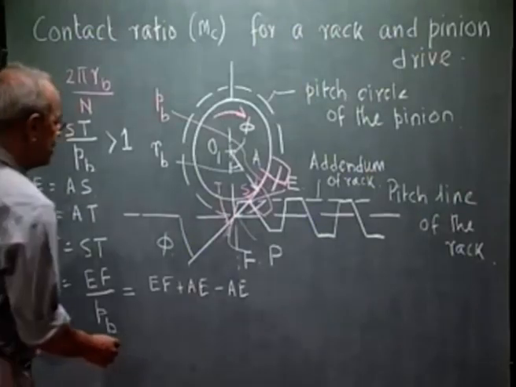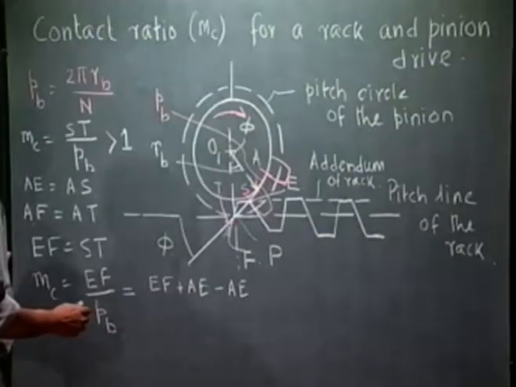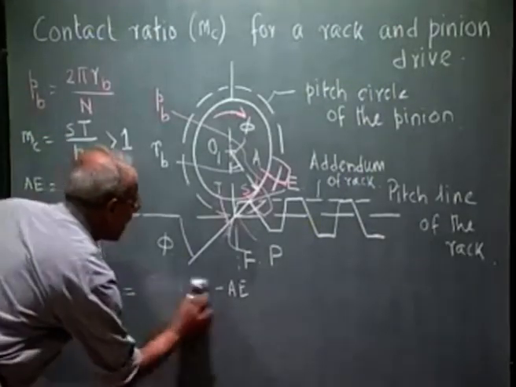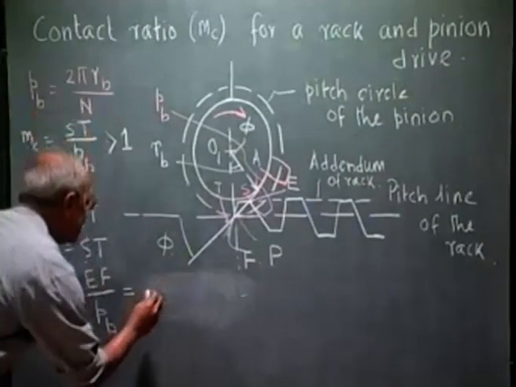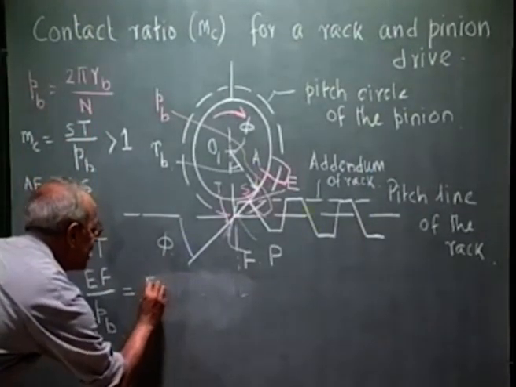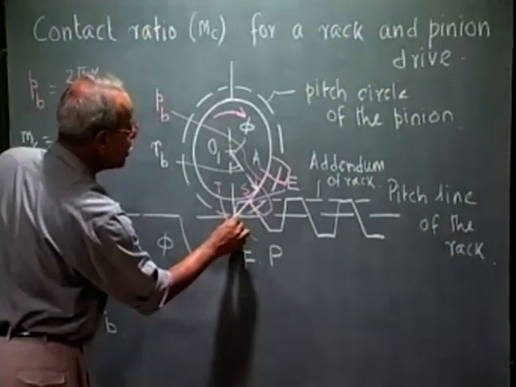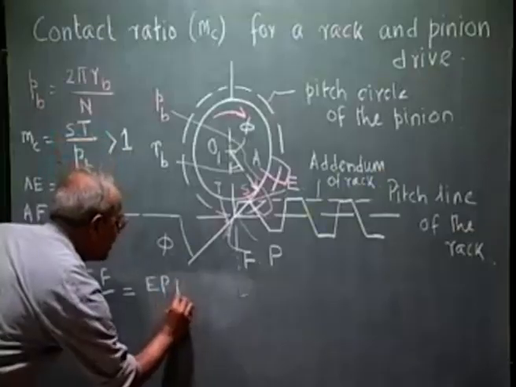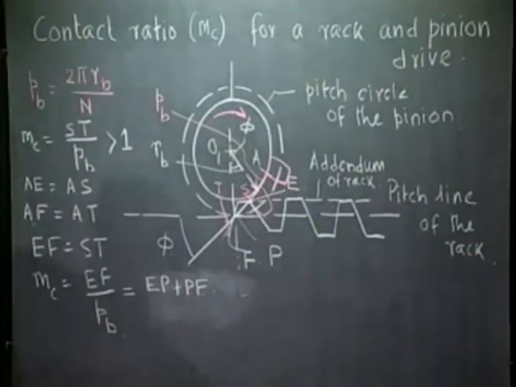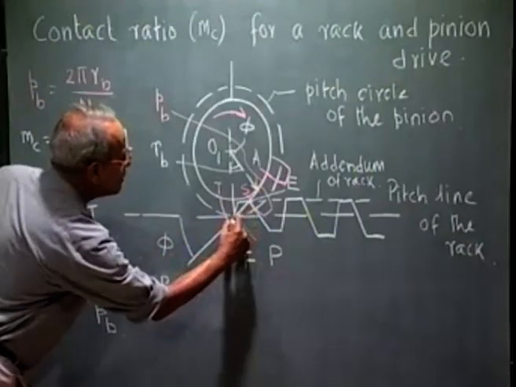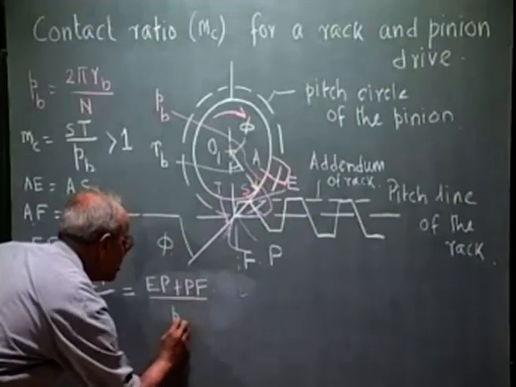Okay, let me not write this way, let me write it a little differently. EF I write as EP plus PF. EP is this distance, PF is this distance, divided by PB.